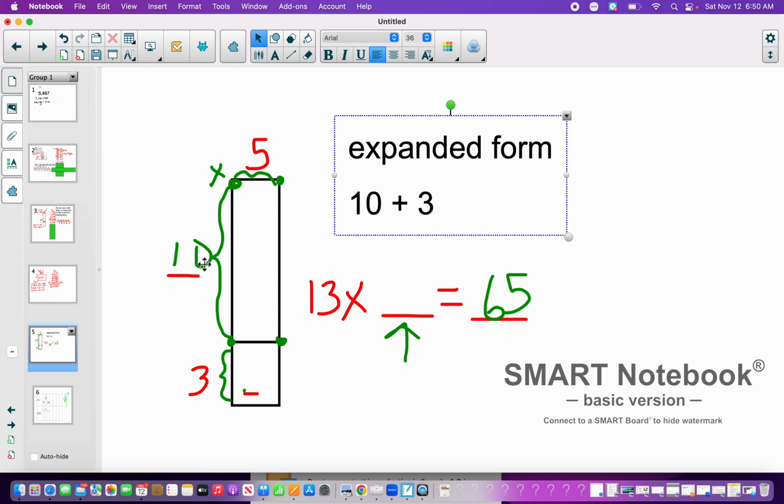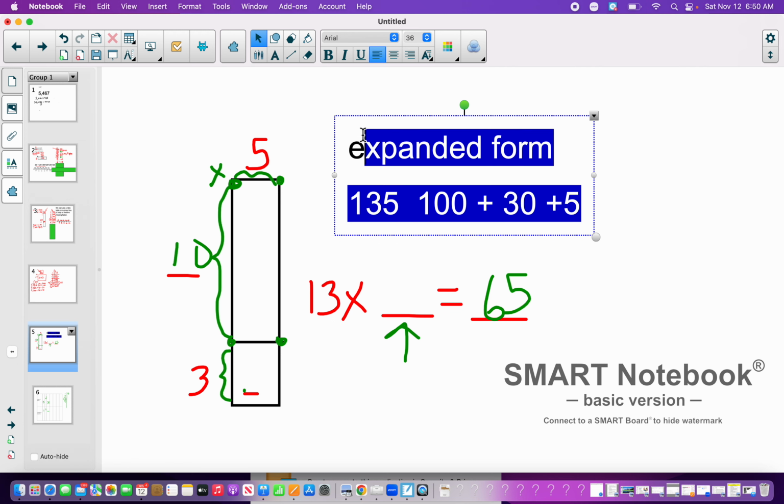So I'm going to just do the equation 10 times 5, and I'm going to do the equation 3 times 5. So whenever you have problems like this, we're going to break one of the factors apart. So if it was, for example, the number 135, I would have done 100 plus 30 plus 5. Again, that's expanded form.